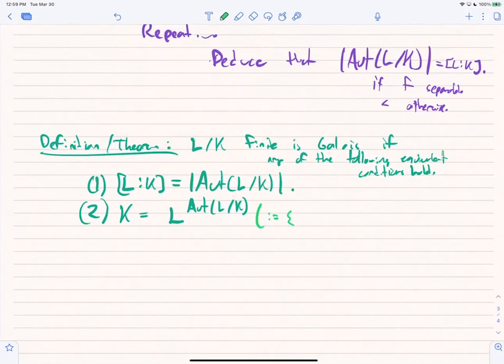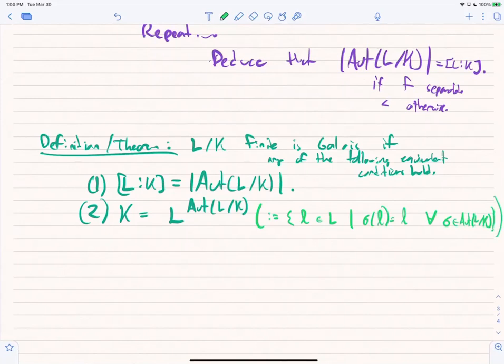So this just means the l in L such that sigma of l is equal to l for all sigma in Aut L over K. So this means all of the elements of L that are fixed by every automorphism in this group.